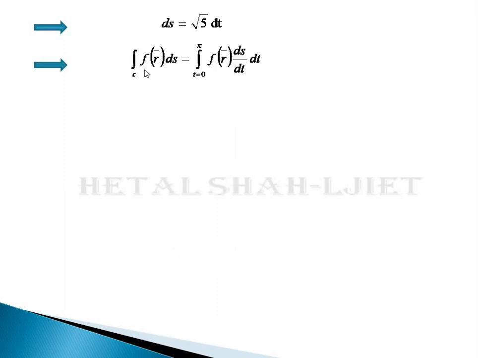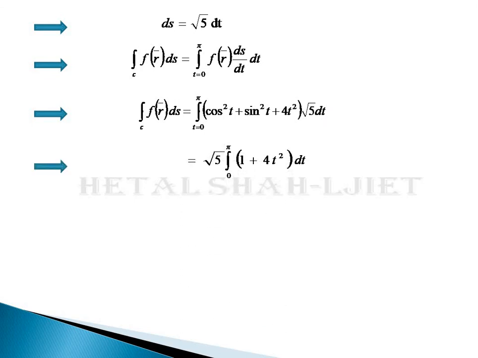So if we want to find the integration of f ds, this is our formula. For finding this integration, with the limit 0 to pi, this f of r is cos square t plus sin square t plus 4t square, and ds by dt is root 5 with respect to dt.